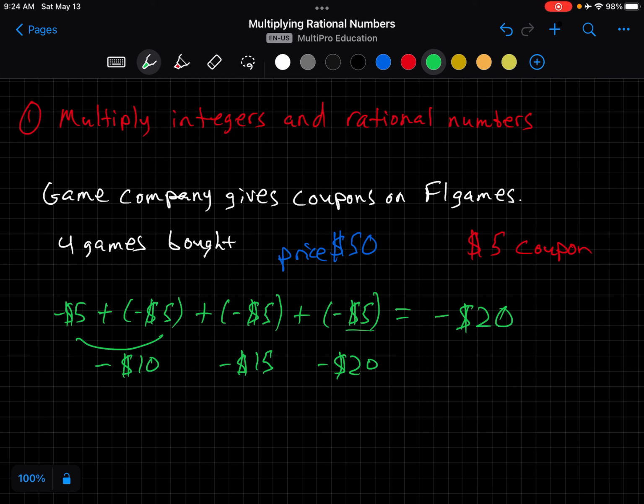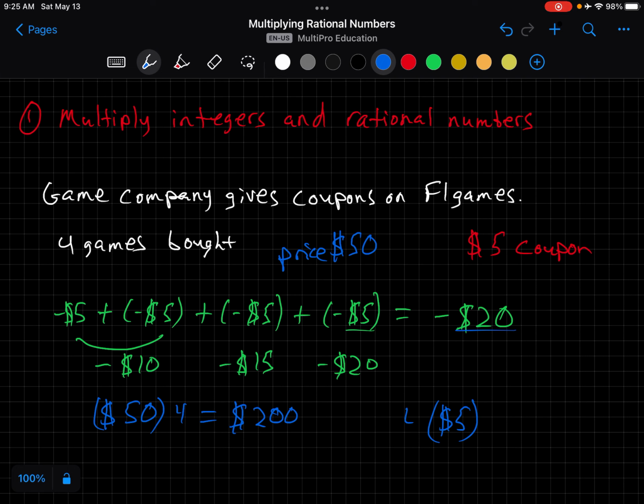So they sold $50 worth of stuff. 50 times 4 is 200. 50 times 4 is how much they sold, $200 worth of stuff. But we can write this a different way.